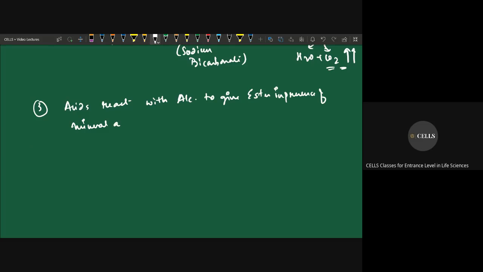Suppose this is an acid, like we write it as H plus, because we have studied that what donates protons is an acid. So suppose there is RCOOH plus HOR dash. This is an acid and this is an alcohol, in the presence of a mineral acid, so we'll write H plus.